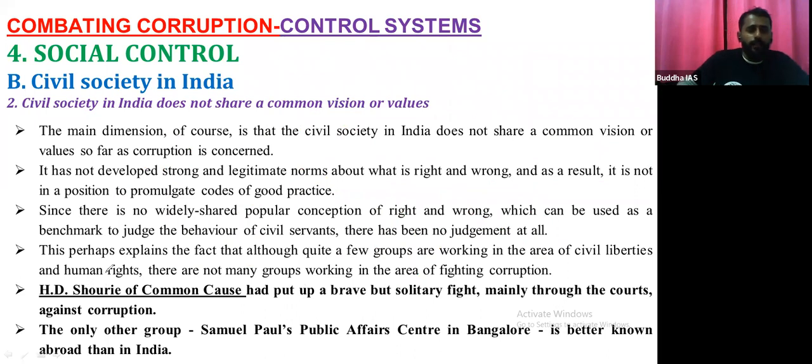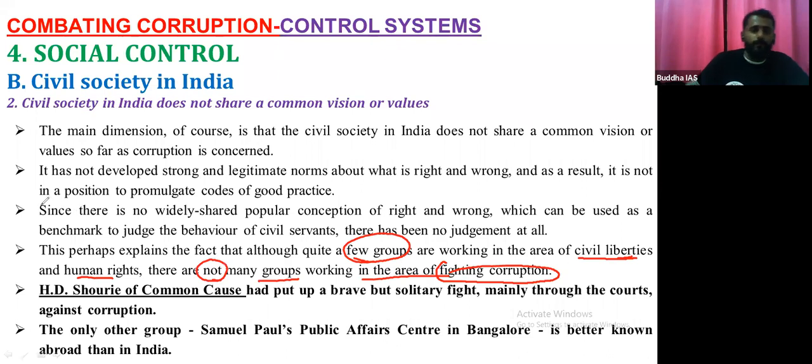This perhaps explains the fact that although quite a few groups are working in the area of civil liberties and human rights, there are not many groups working in the area of fighting corruption.